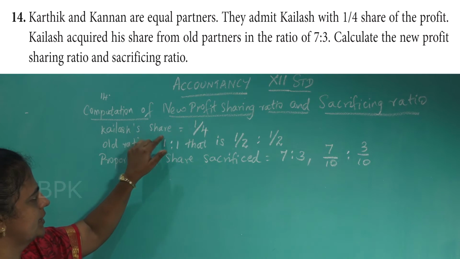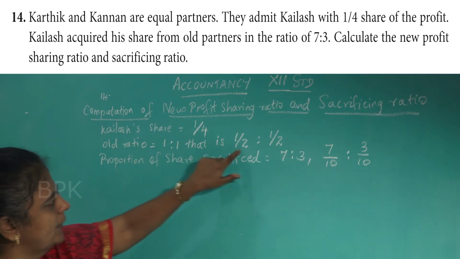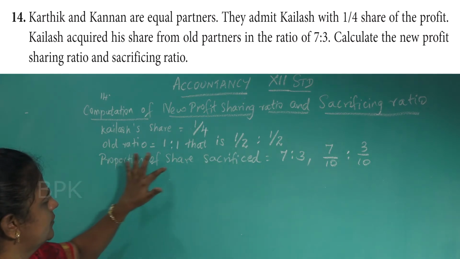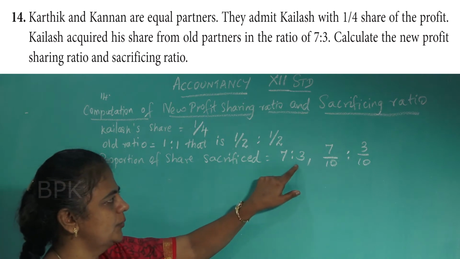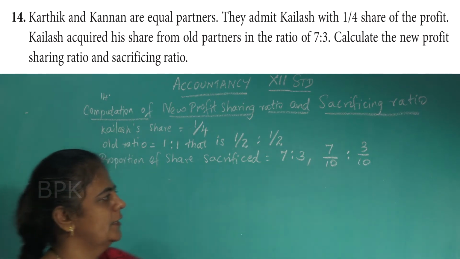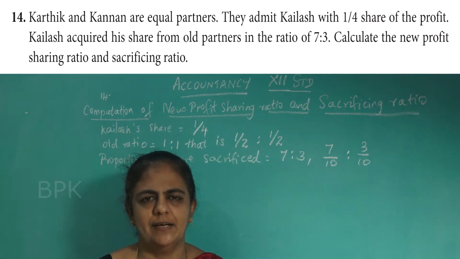The new partner's share is 1/4. Old ratio, equal partners, 1:1, that is 1/2, 1/2. Then proportion of share sacrificed. In what proportion are they going to sacrifice? 7:3, that is 7/10, 3/10. Now the first thing you have to do is find the sacrificing ratio.